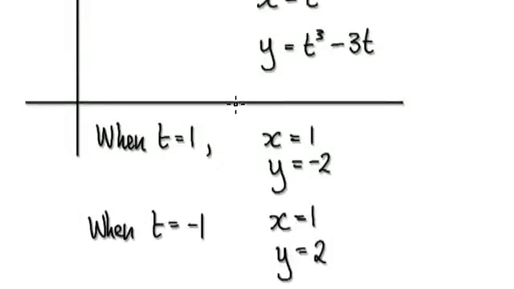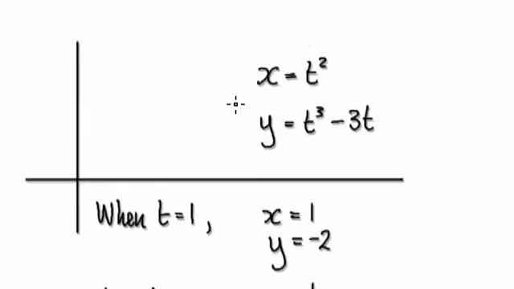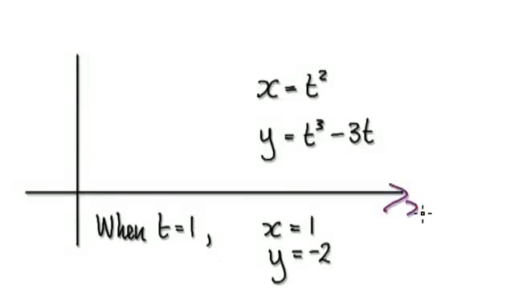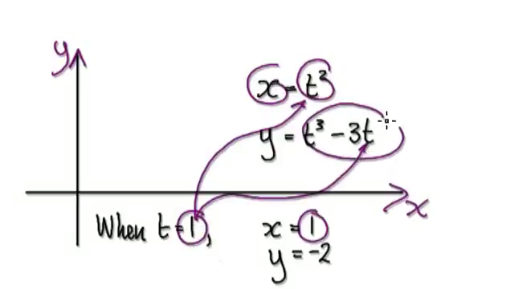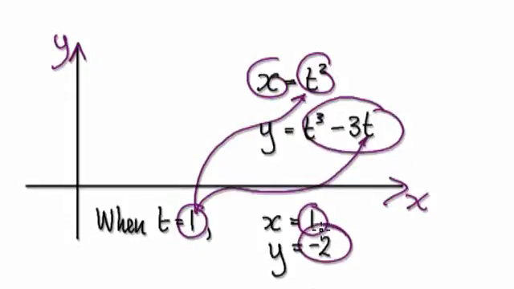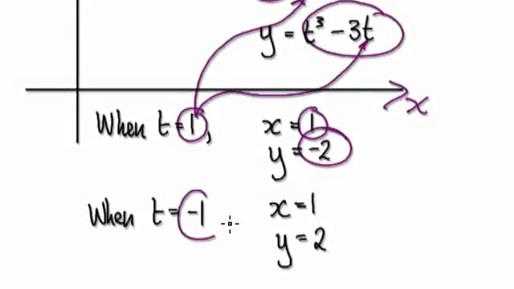But the thing is, we know the time, but we don't know the location. So we need to find out the x and the y location. When time equals 1, put it into here. The x coordinate will be 1. When time equals 1, the y coordinate will be negative 2. And when time is negative 1, x will be 1, y will be 2.